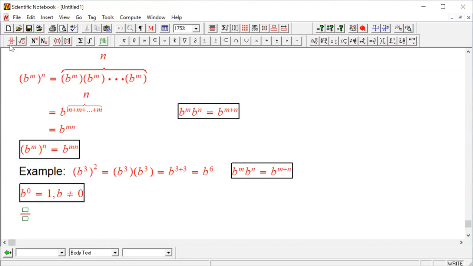Suppose we have b divided by b, right? And we all know that this equals 1, right? So we can put the 1 on the other side.